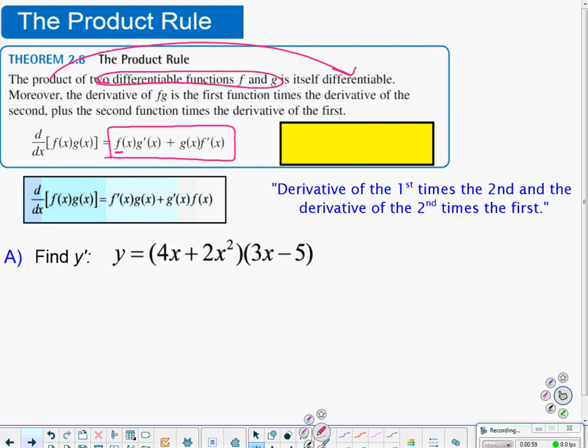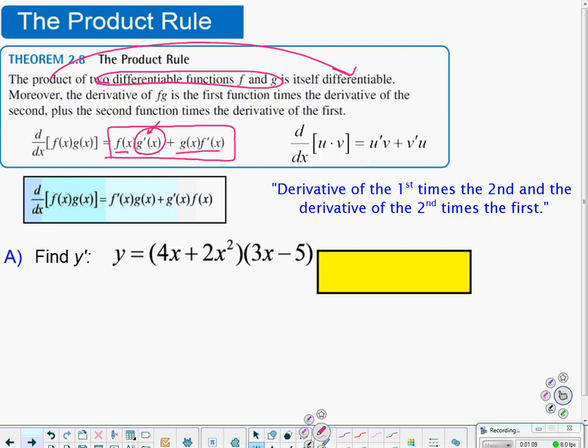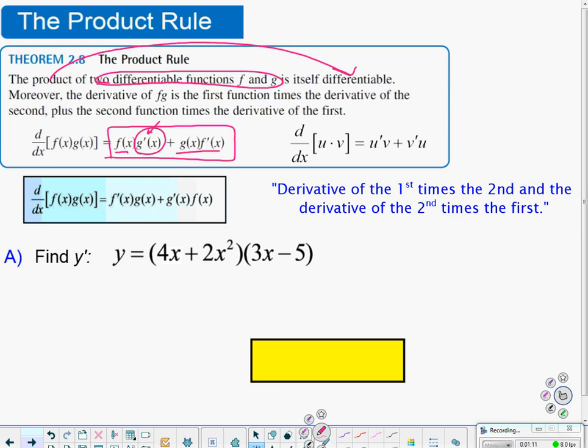The first function times the derivative of the second, and I know it's a derivative because I can see the prime symbol, plus g of x times f prime of x. Here's a different notation: we could also turn this around and say it's the derivative of the first times the second function plus the derivative of the second function times the first function.